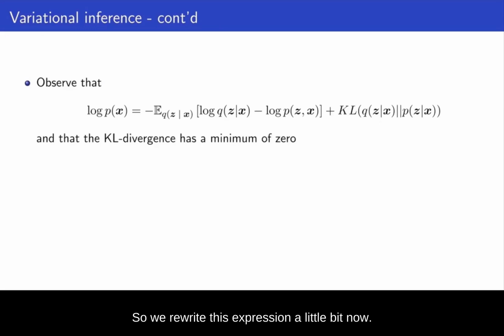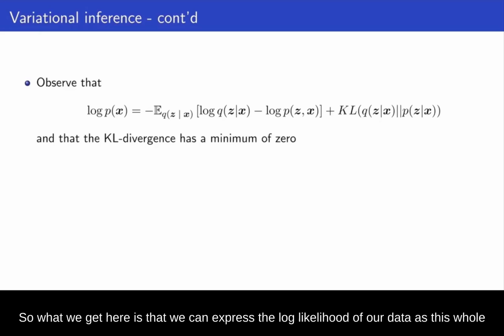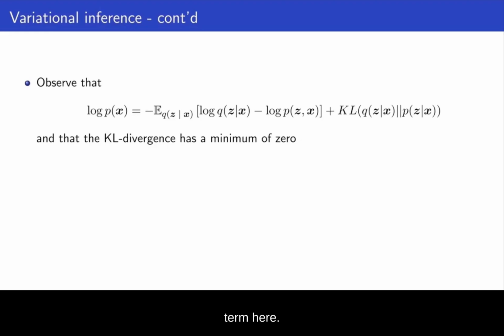So we rewrite this expression a little bit now. We solve this whole thing for log p. What we get here is that we can express the log likelihood of our data as this whole term here.